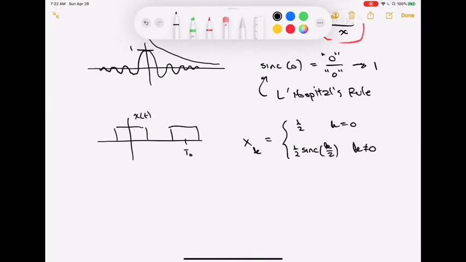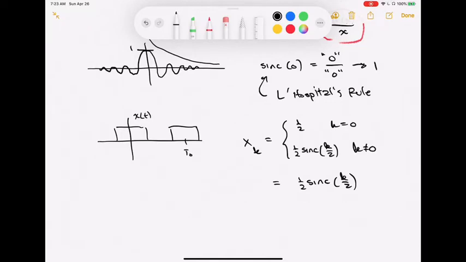But because that second expression, when you put in k equaling 0, goes to the value we want, we could just write this whole thing as a 1/2 sinc function of k by 2. So we get a very simple expression for our Fourier series coefficients. And in fact, you'll notice in this case, they are real.